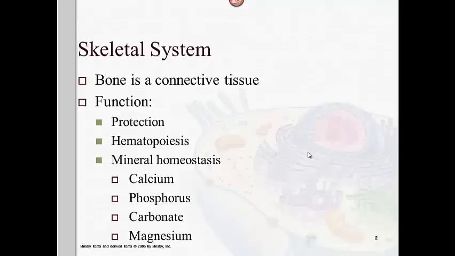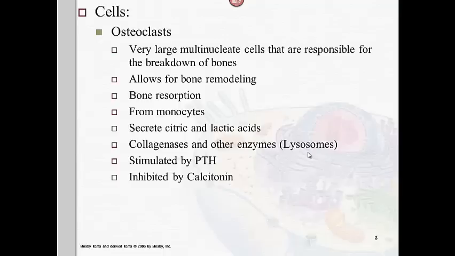They basically form the bone, versus osteoclasts, which break down the bone. Basically, they're in charge of resorption of bone. So again, osteoclasts allow bone remodeling. They allow bone resorption.